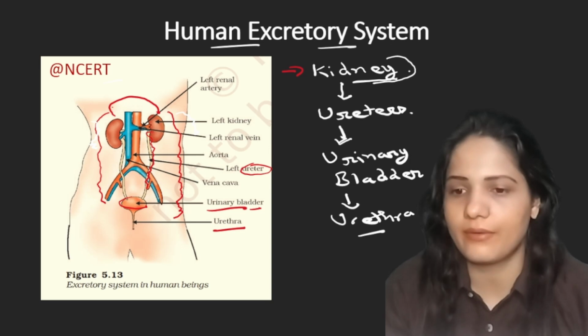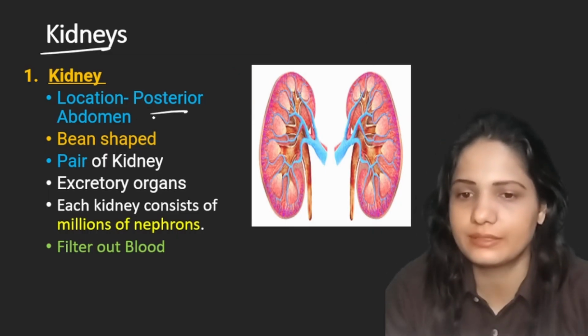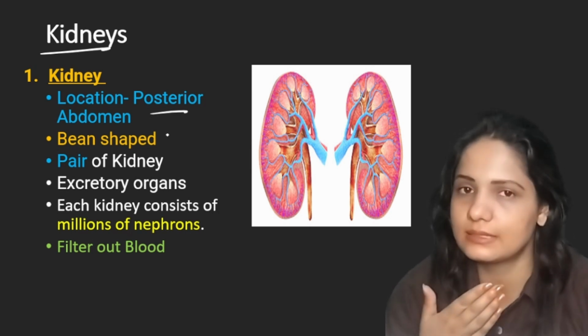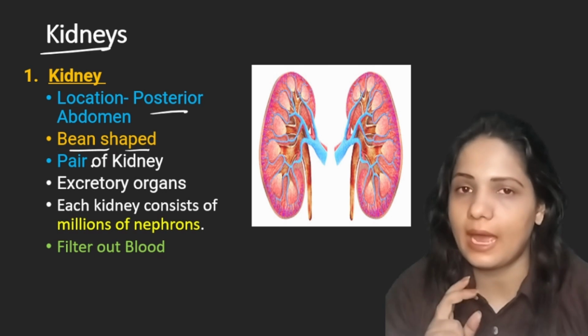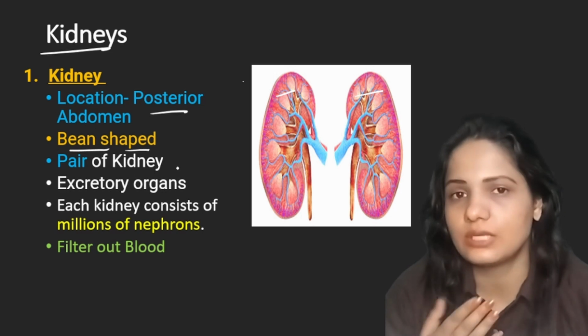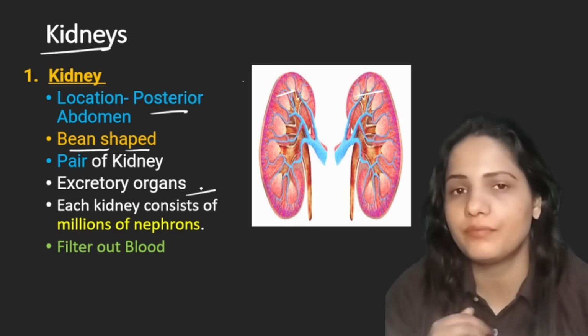Next we have the kidney. First we will see the location. Kidneys are located in the posterior abdomen, in the lower abdomen, behind the digestive system. The shape of kidneys is bean-shaped and we have a pair of kidneys, the right kidney and the left kidney. Next, we have the function of kidney. Kidneys are excretory organs. They help in removal of waste.